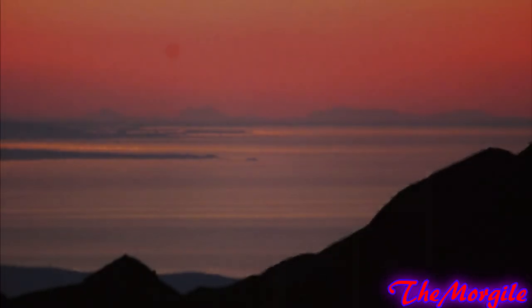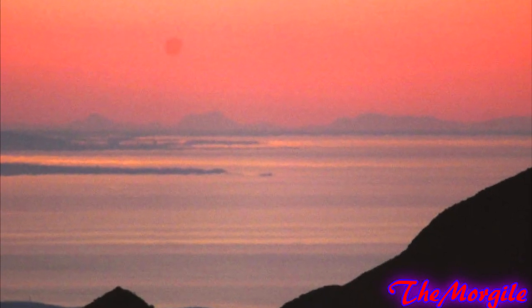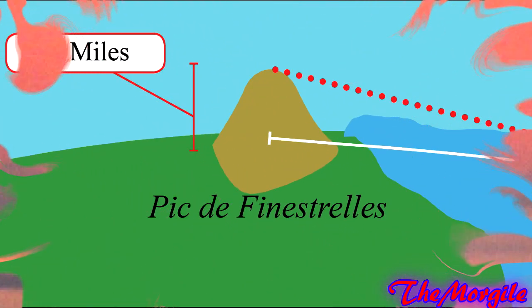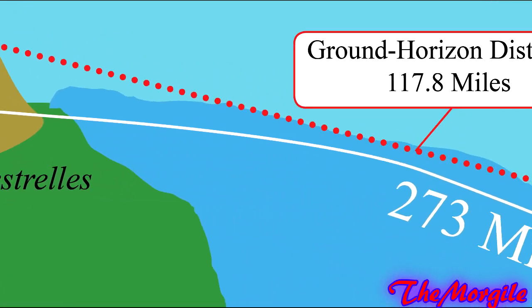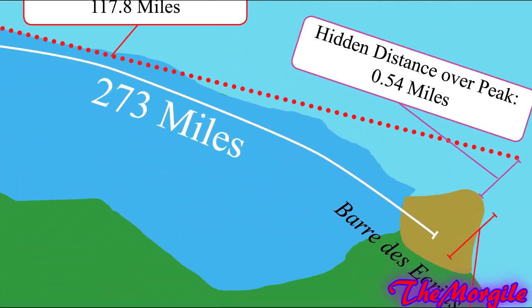For example, the thing that you're seeing here, which is the world record long distance landscape photography shot, it's over 273 miles away. And once you've done all of the trigonometry and mathematics to this and applied it to a hypothetically spherical Earth, it shows that the tip top of the tallest mountain should be over a half a mile beneath the curve of the Earth.